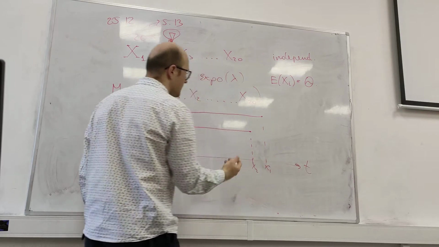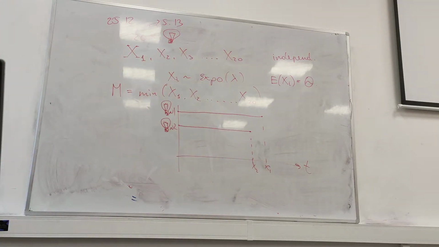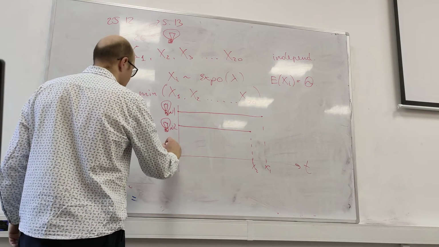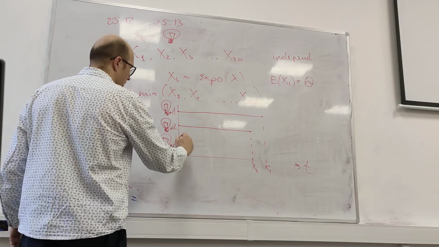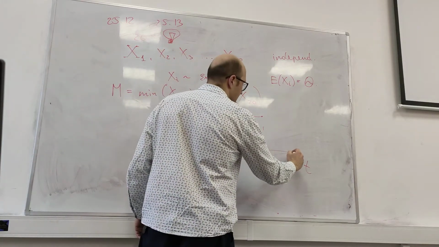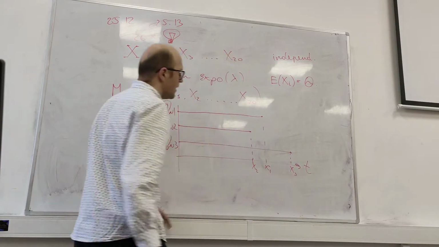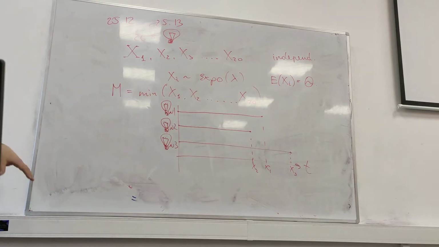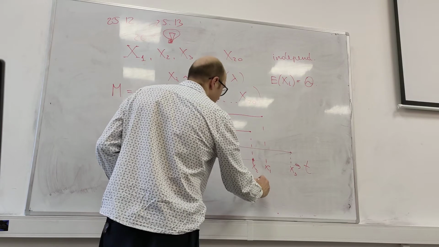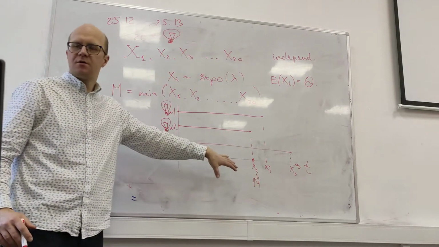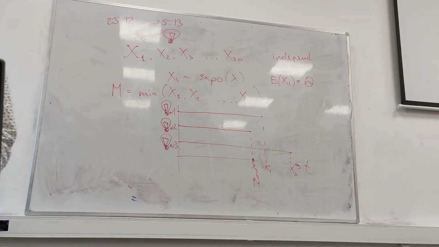It happens to die earlier than the first one. Let's say I will draw 3 light bulbs, not 20. I'm lazy. And the third one is here, x3. x1, x2, and x3 are random variables, and m, in this case, is the lowest, the shortest lifetime.